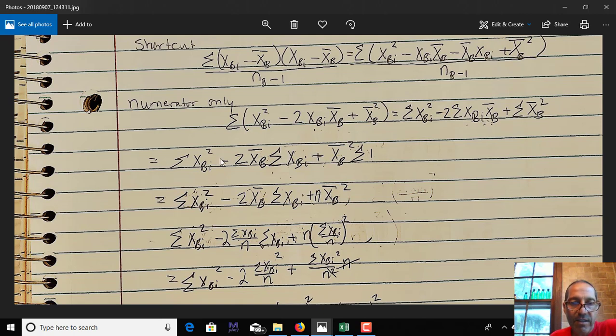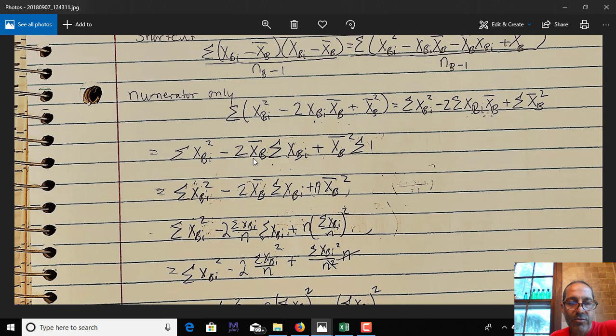So let's simplify that term some more. This stays the same, the sum of x sub bi squared. So we pulled out both the 2 and the mean, because they're both constants, multiplied by the sum of x sub bi. Now here we're basically summing a constant, and we're doing it n different times.